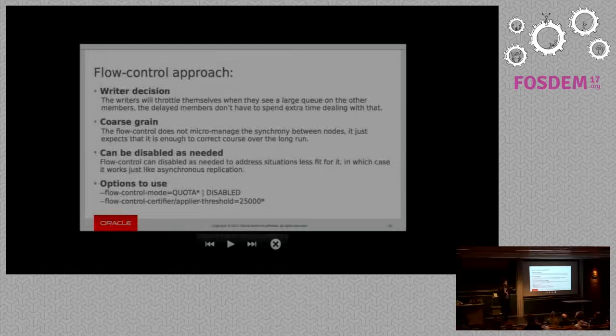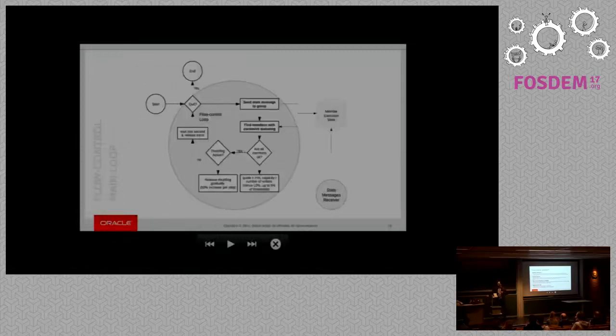Instead of doing what a leader does, sending a message to the server saying I'm delayed, we just have each node send the server one message per second, saying: this is my queue, this is my applier queue, this is my certifier queue, this is the number of transactions I tried to execute in the last period, this is the number of transactions I have successfully applied, and so on. And then everyone that is listening on the network knows the state of all members on that network.